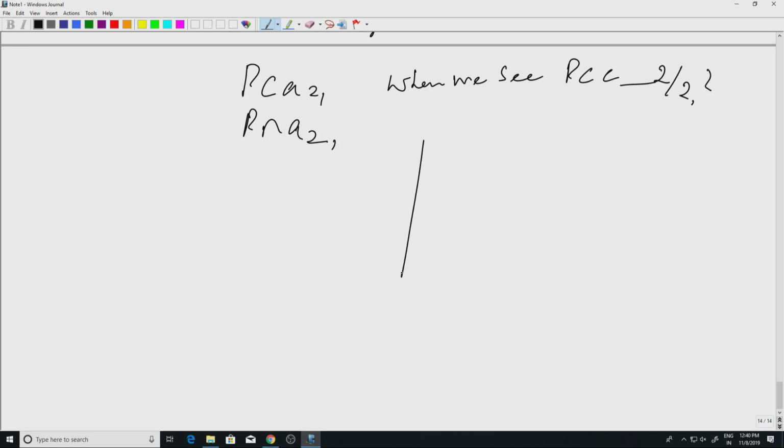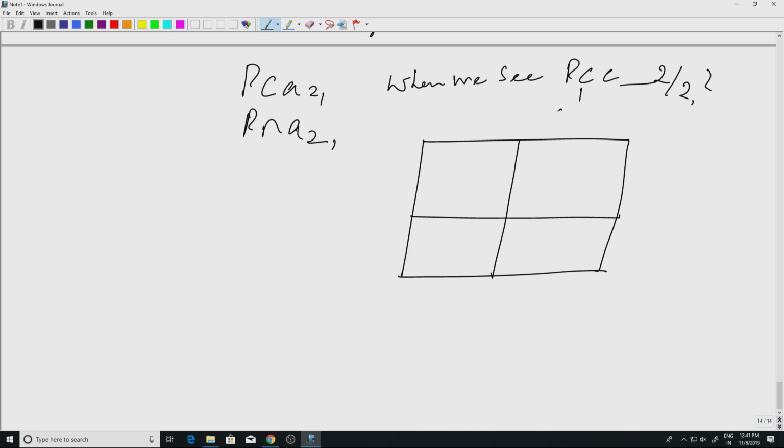Now let us see this one. C glide perpendicular to A. That means it becomes the glide plane.